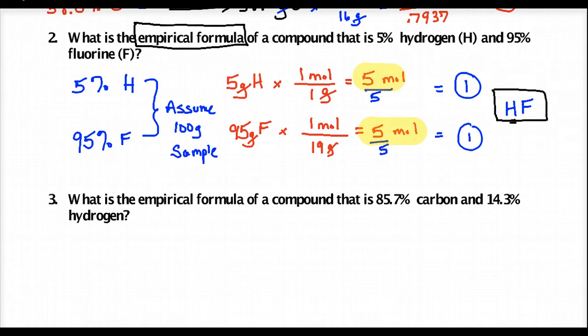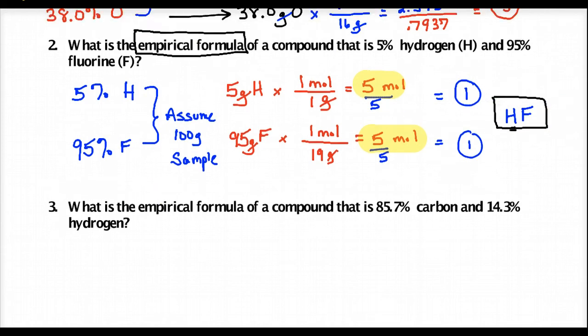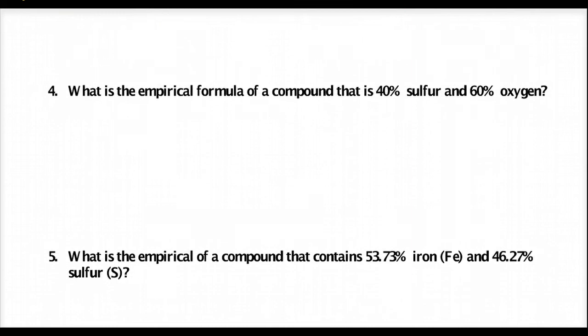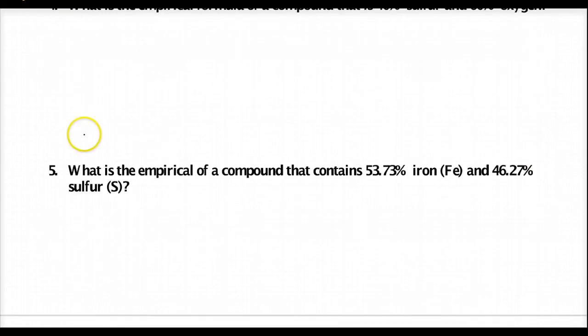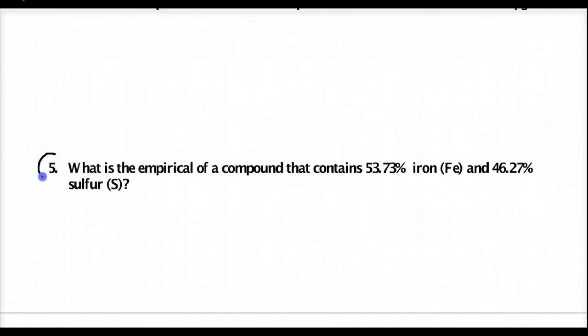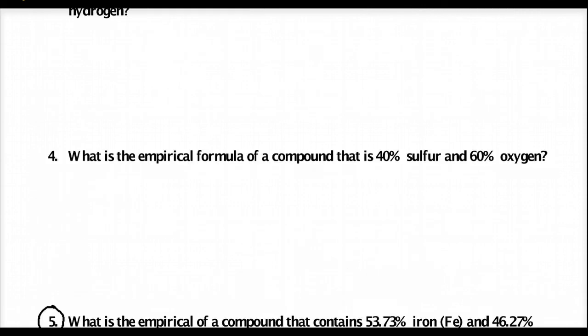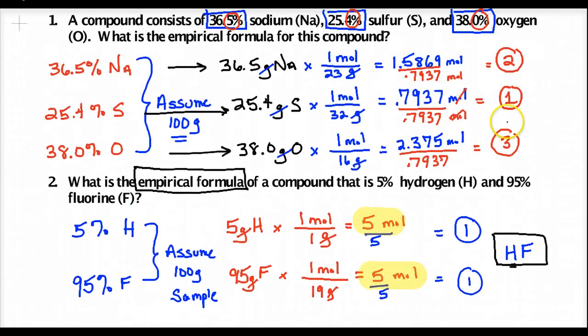So I would love for you to continue on and do 3, 4, and 5. You're going to run into a scenario where, when you find the whole number ratios, it's not going to work out perfectly. And please see what you have to do there.